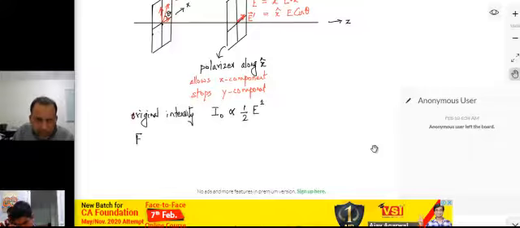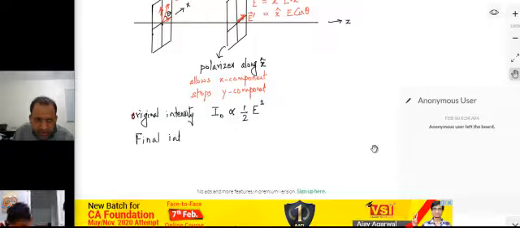Final intensity of light is I naught prime, which is proportional to half E prime square.